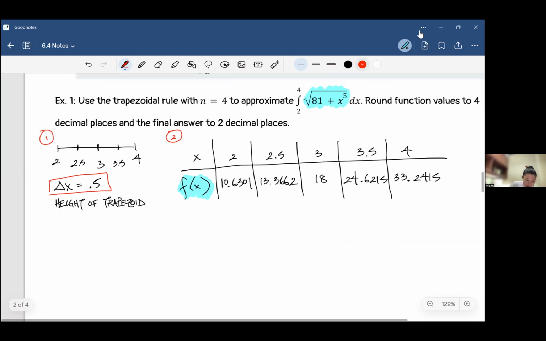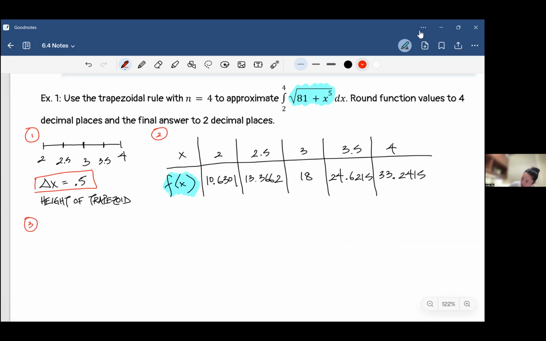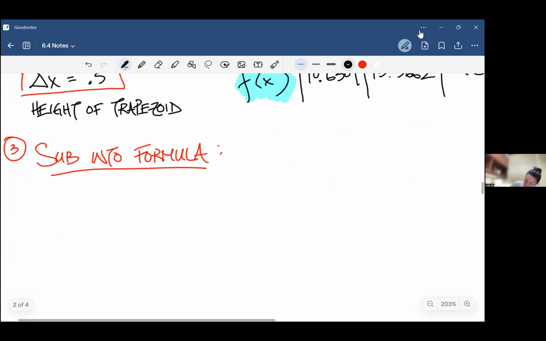All right. Now we plug everything into our formula. Okay, so sub into formula. All right. So my trapezoidal approximation, that's what the T stands for, with 4 subintervals. Okay, so n is 4. That's why I write that there. Equals. All right, we're going to have our first y value, f of 2.